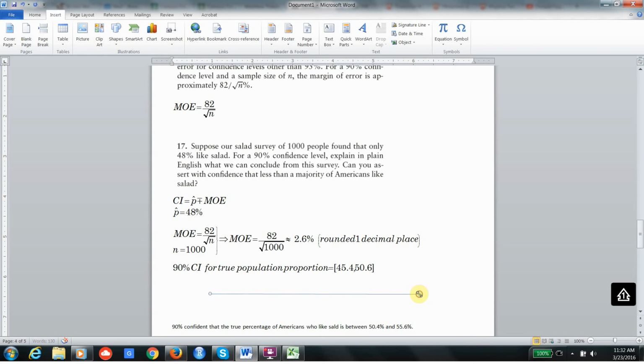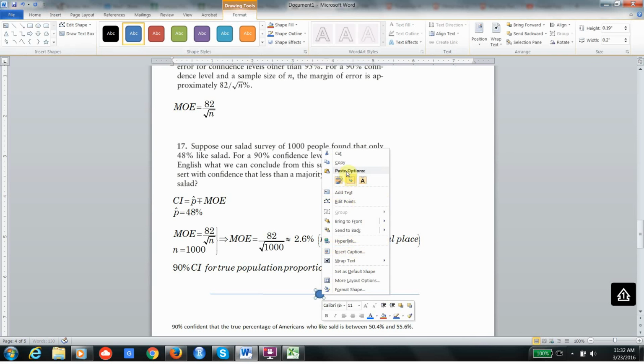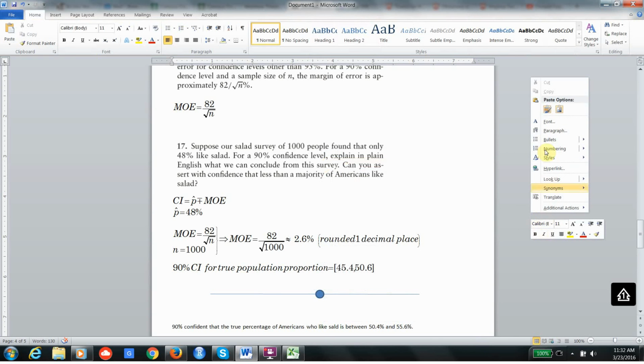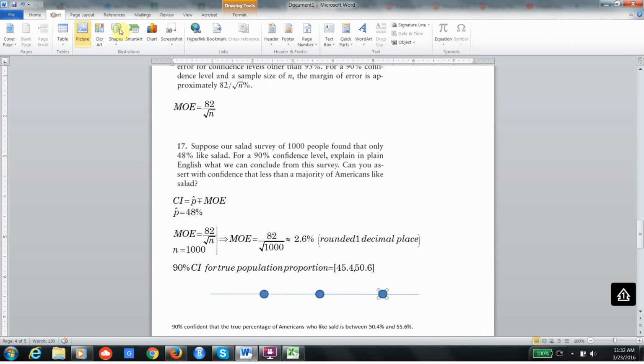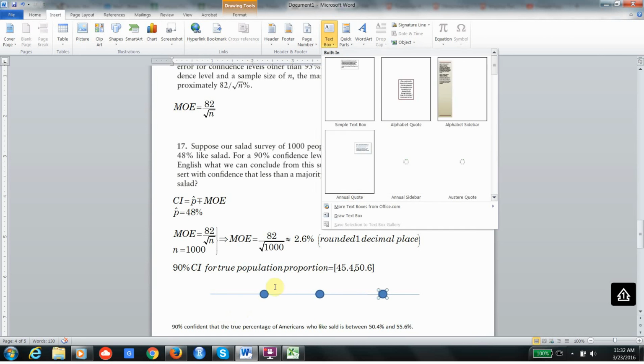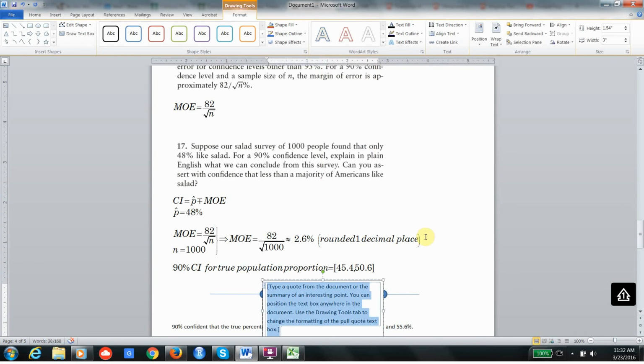My 48% is here. I'm going to have my two endpoints here. So there's one endpoint, and these are symmetric. And this is 48.